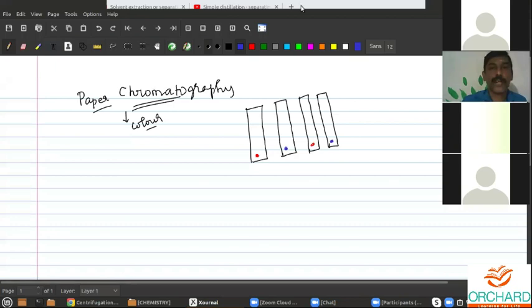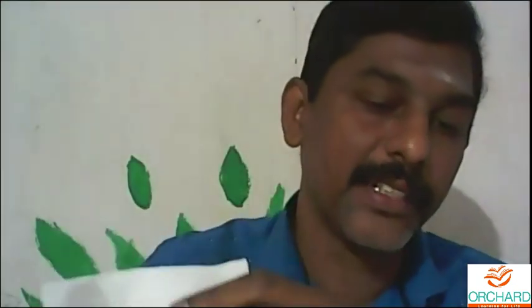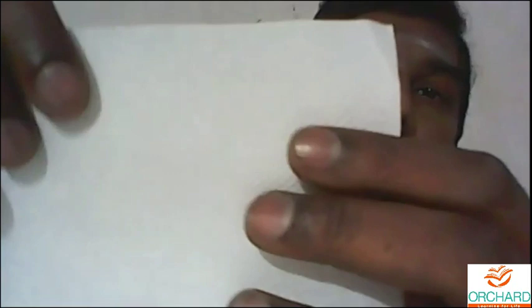Okay, so what I'm going to do is now, see, are you able to see the tissue paper? Yes. Okay, so this is a tissue. So it is a perforated paper. Okay, suppose if you put some amount of ink on it, it will be spread. Okay, it will be spread throughout the tissue.